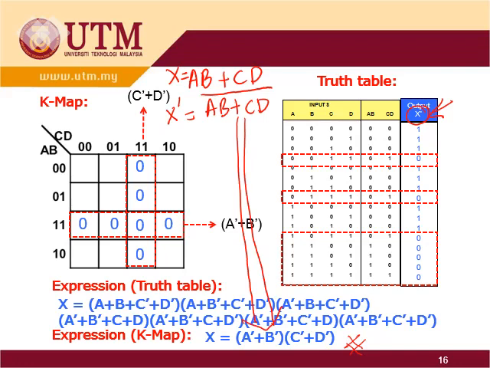So again, I repeat, for SOP expression we have AND OR logic. Usually for post, still with the same output x, we draw the K-map for 0 output. For SOP AND OR logic, we draw the 1 output, active high.